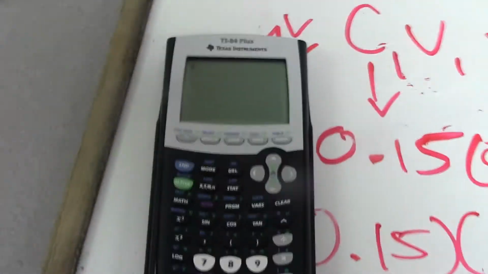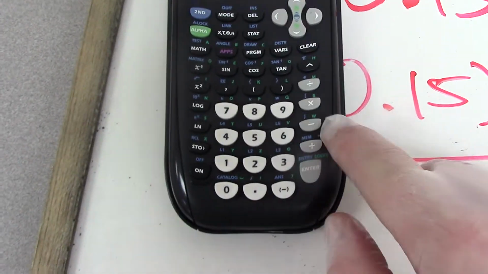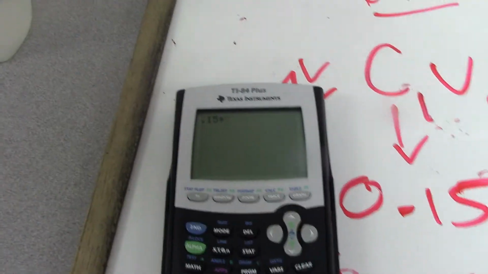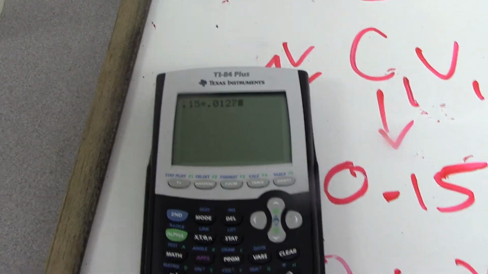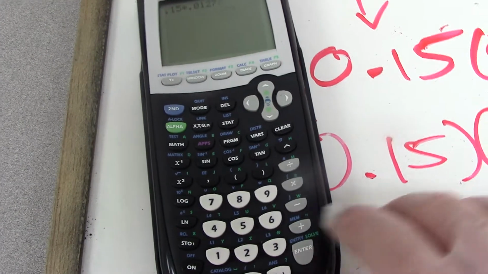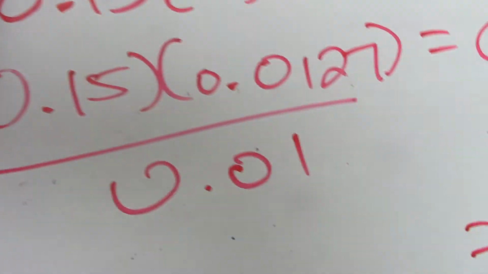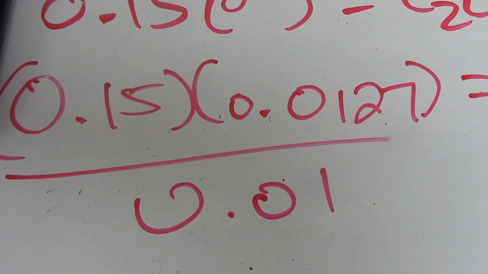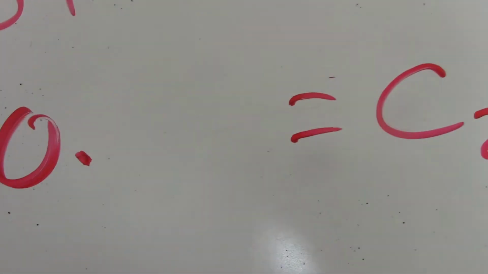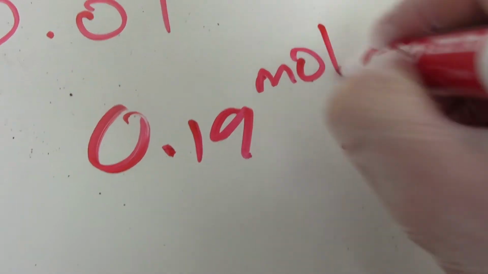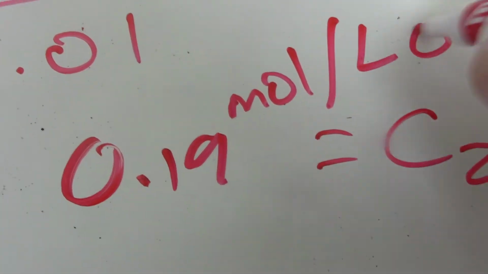This is 0.15 times 0.0127 divided by 0.01. And I should get 0.19 moles per liter of OH negative.